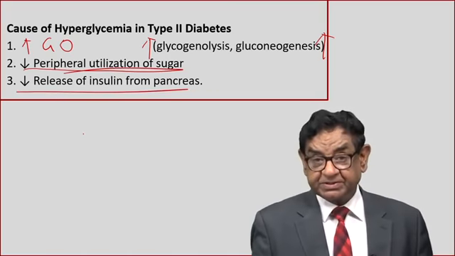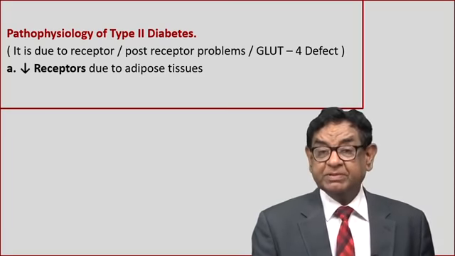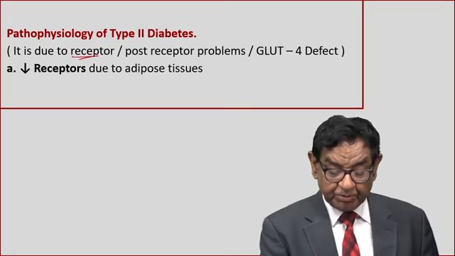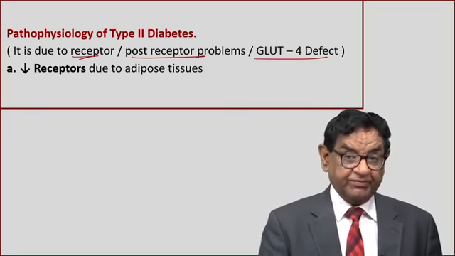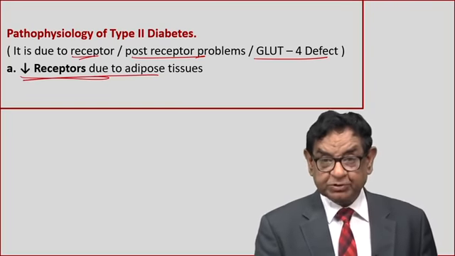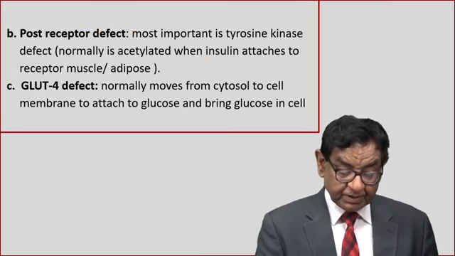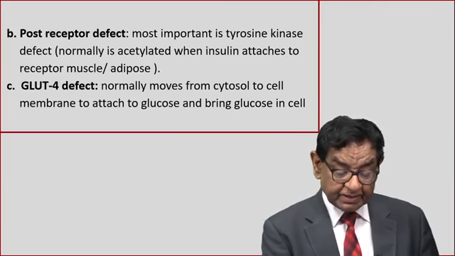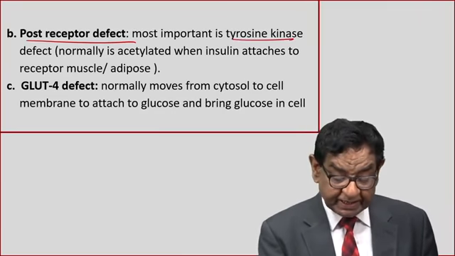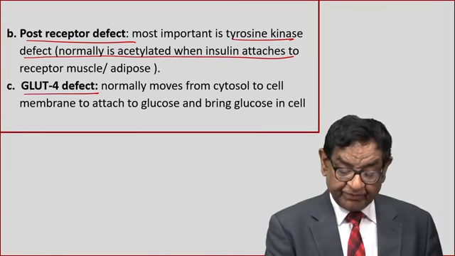from the pancreas. Now, what is the pathophysiology of type 2 diabetes? The defect may lie in the receptor, post receptor, or GLUT4 defect. Reduced receptors are due to adipose tissue. What is this? I am going to discuss soon. And post receptor defect is due to tyrosine kinase defect, and GLUT4 defect.